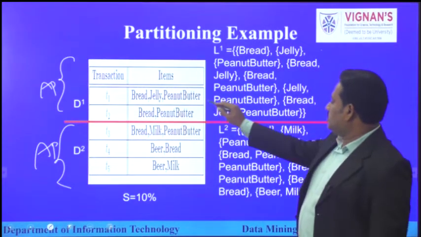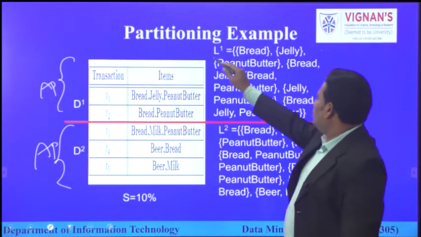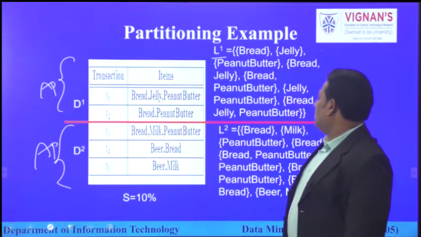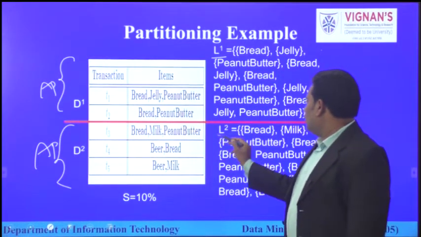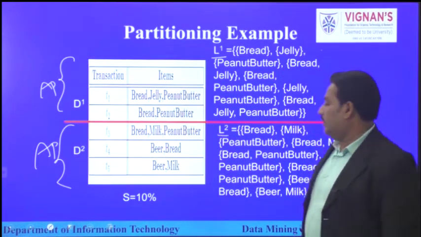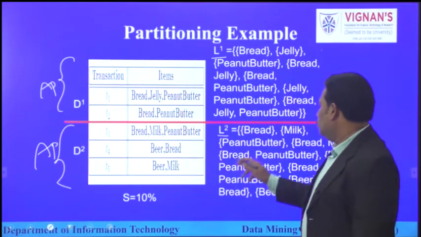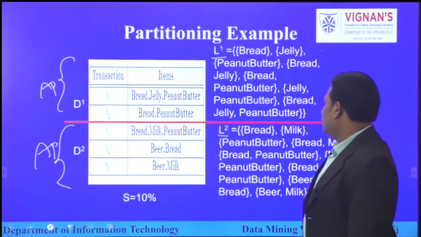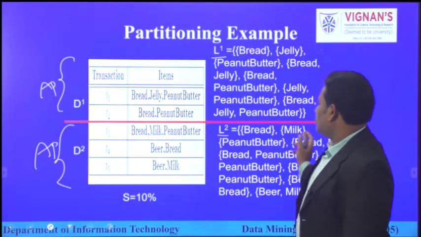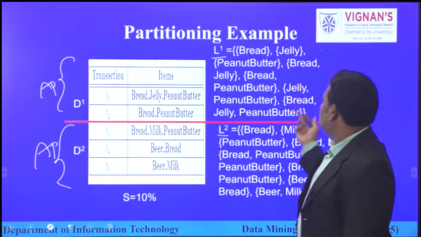Now, the results of the T1 and T2 transactions have been recorded in L1. And the item sets which are created from D2 have been recorded in L2 here.